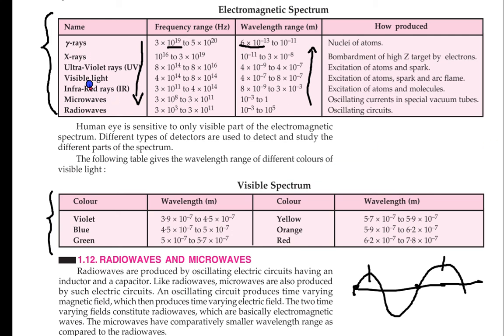I have 3 waves, so arrange them in increasing order of frequency or decreasing order of frequency, and the same in wavelength. Normally, frequency is in decreasing order, and wavelength is in increasing order.